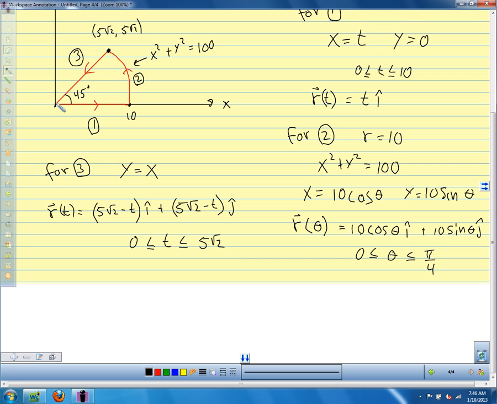As t increases, it'll take us back to 0, 0. So when we want to describe the boundary of a region with vector valued functions, usually you break the boundary into different pieces. You don't have to use the same parameter for each boundary. Just define your vector valued functions and your parameter for each boundary, and that gets you a description of your curve.